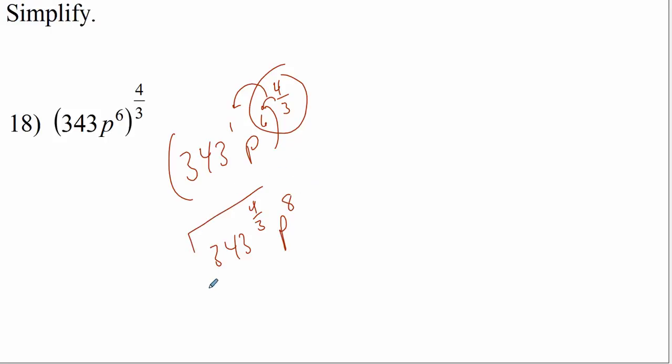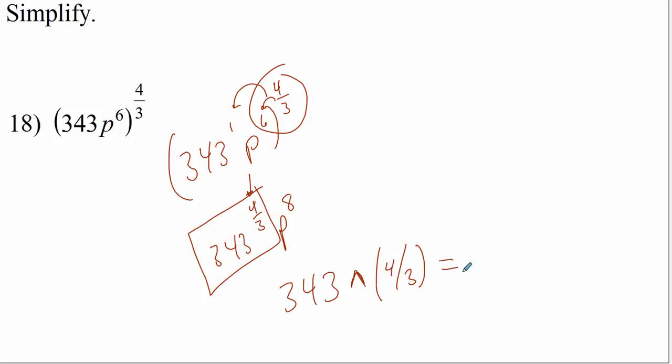So what we talked about in the last video was because my numerator is bigger, I'm going to get a bigger number than 343. If you do your calculation and you get a smaller number, that means you did it wrong. So let's plug it in. 343 caret, parentheses, 4 divided by 3, enter, you should get some value.